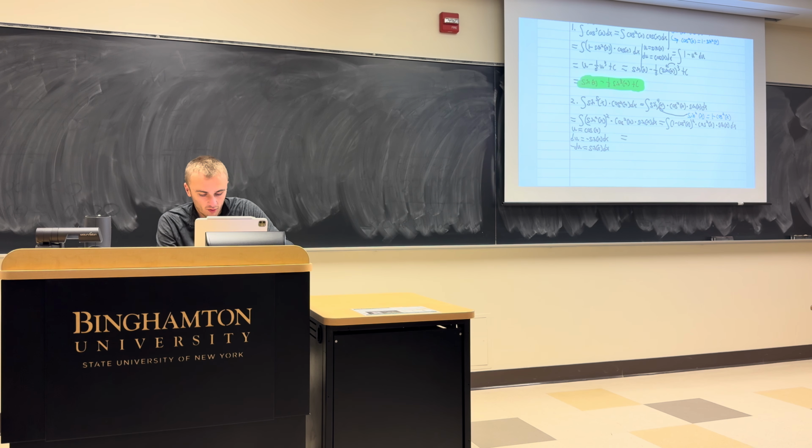At this point, we'll rewrite this as negative the integral of 1 minus u squared, since u is cosine, quantity squared times u squared, and then this whole term here is rewritten as du, so times du.